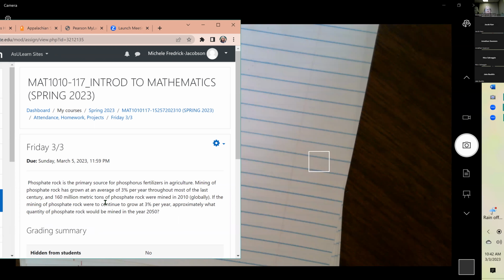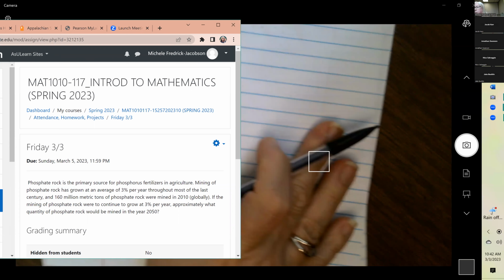Phosphate rock is the primary source of phosphorus fertilizers in agriculture. Mining of phosphate rock has grown at an average of 3% per year. So that's what we're growing by.